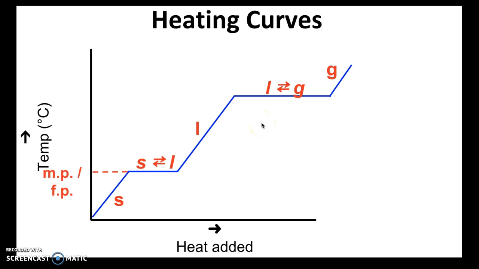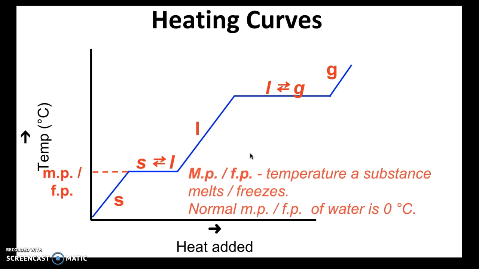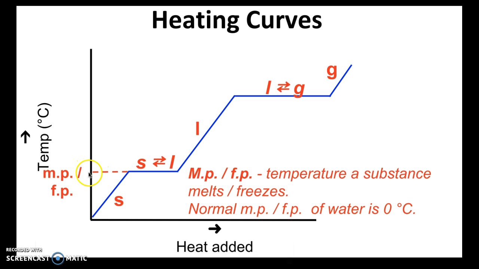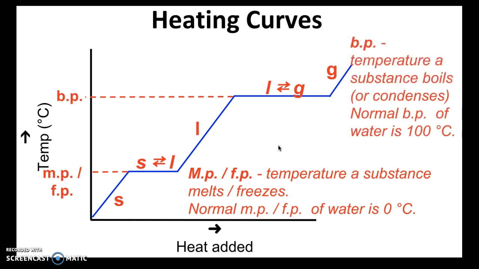Great, so to find the melting point or the freezing point, because those are the same temperature, you would find the portion of the curve between the solid and liquid that's flat, and then scroll over to that temperature, and the temperature that you find on the y-axis would be the melting point or freezing point. All right, I want you to try and do that for the boiling point as well. Great, so you would find the liquid to gas flat portion, and that's your boiling point temperature.